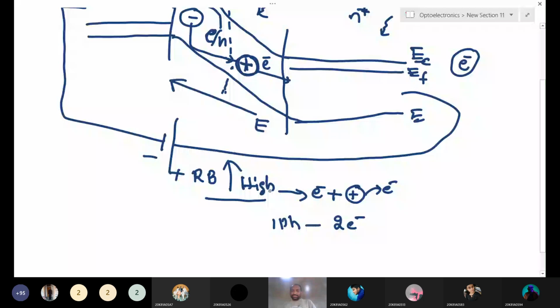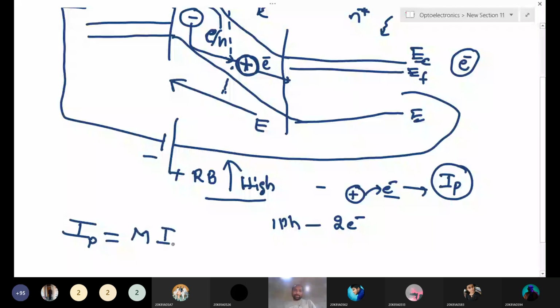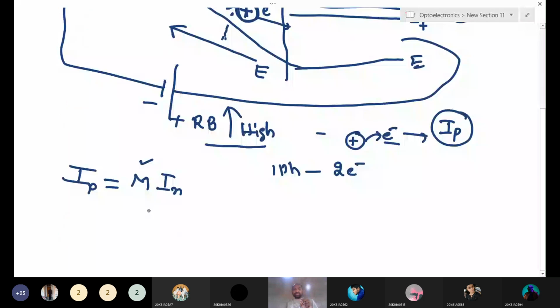If the electrons are increased, this means the photocurrent is also increasing. If you take the generated current, suppose IP is equal to M into IN, where M is the multiplication factor.